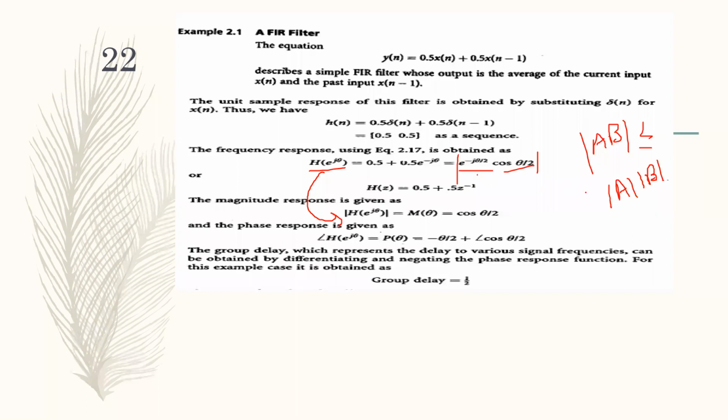Now the magnitude of a, that is the exponential, is always equal to 1 in here, and the magnitude of the other one depends on the theta value, so it will be equal to cos θ by 2. Therefore this is 1 into cos θ by 2, so the magnitude response is equivalent to cos θ by 2. So this is how it happens. If you have any other method, you can use that method also.